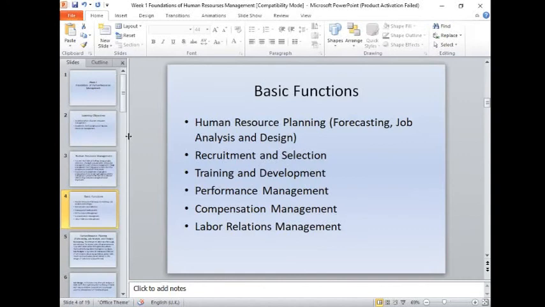But performance management, compensation management, and labor relations are about controlling. Controlling by establishing standards, then measuring the performance of employees in performing a job and taking corrective actions by having jurisdiction. If the employees pass the standards, they will get promoted, or they can be demoted, or terminated for a just cause. That's part of controlling.